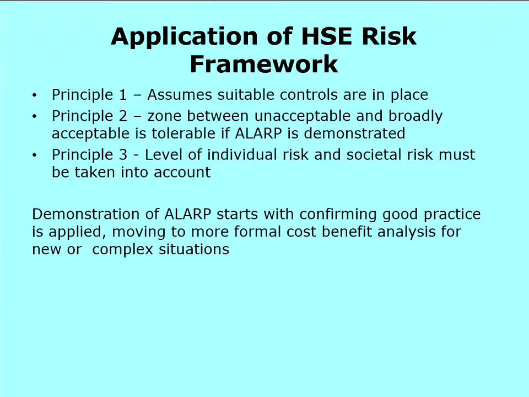The benefits are expressed as costs per life saved, and normally if the disproportionation factor is less than or equal to 10, in other words, if the costs of applying the risk reduction are 10 times or less the value of lives that you might save, you've got to do it.